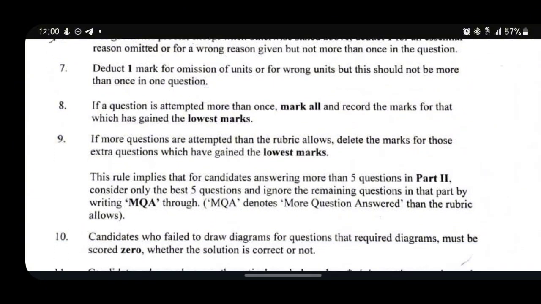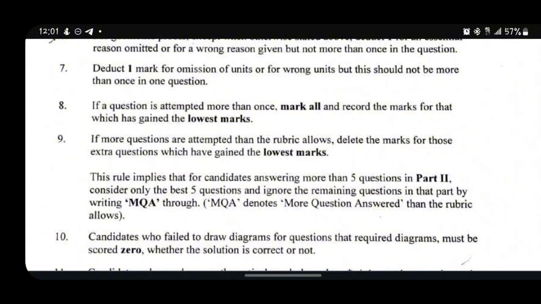Then for 8, if a question is attempted more than once, mark all and record the marks for that which has gained the lowest mark. Let's say a student has answered question 1 and felt like, okay, let me try it this way. He answered it in another way, and they are having different answers.